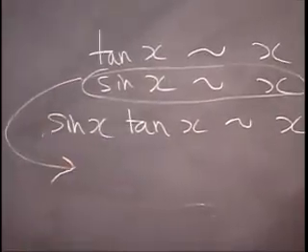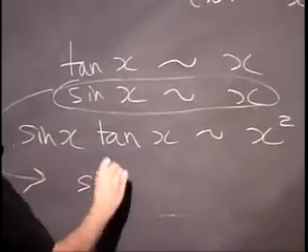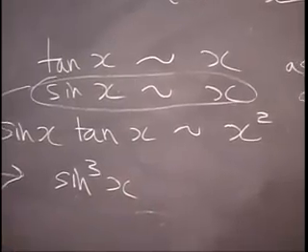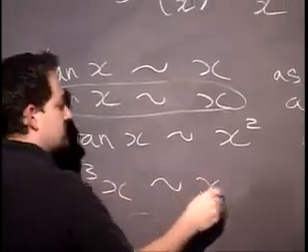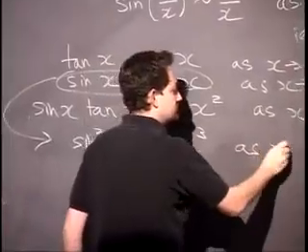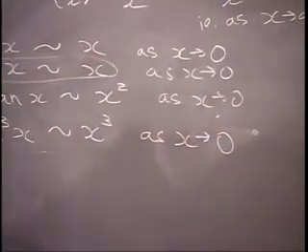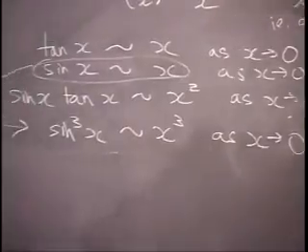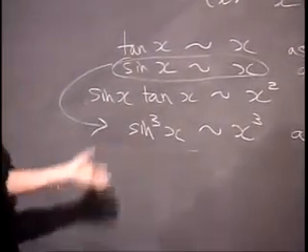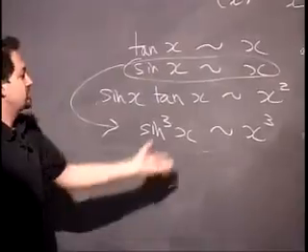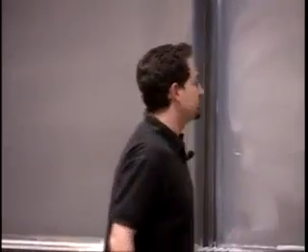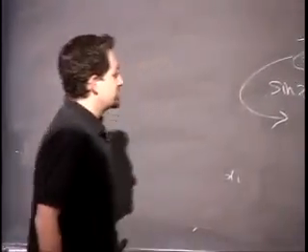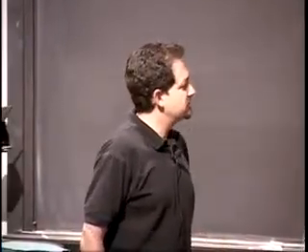Going back to the original one, it's true that sine cubed of x, not sine of x cubed necessarily, but you just cube sine x and cube x. Again, you can justify all this by limits. We're just cubing the limit of sine x over x, and 1 cubed is 1. That's on the right-hand side. So you can multiply, you can divide, you can take powers, you can do substitutions. It's a really nice notation for these computations.